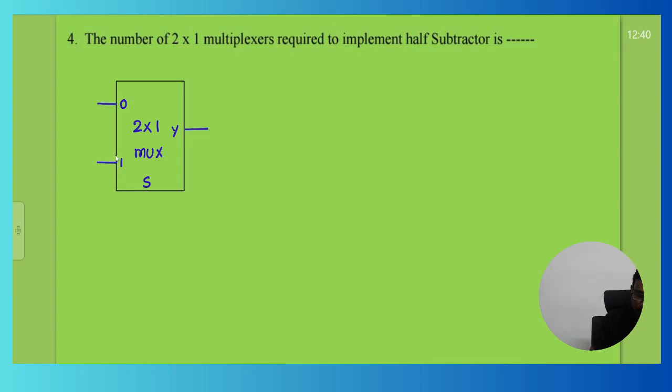Now we need to implement the subtractor. Tell me now, first of all, for the subtractor we require the difference and borrow. Difference expression D is given as what? Tell me now here, A XOR B. What does A XOR B mean? Tell me.